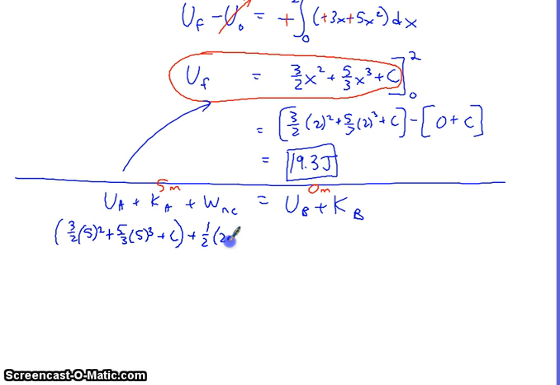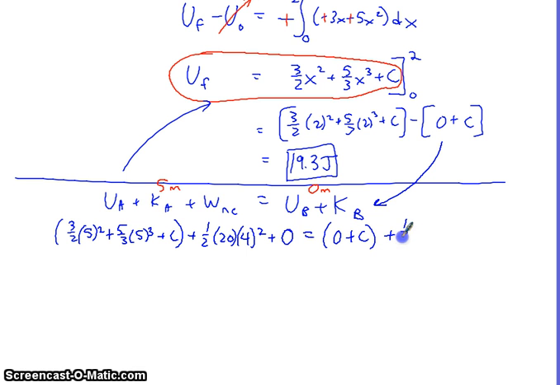Well, it's 1/2 times 20, and they told us its velocity was 4 meters per second. It doesn't matter what the direction is because it's going to get squared anyway, so 4 squared. No non-conservative forces, so I'm going to put in a 0 for that. And the potential at B is just 0 plus c.